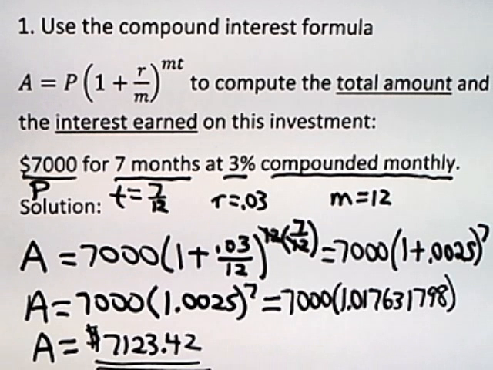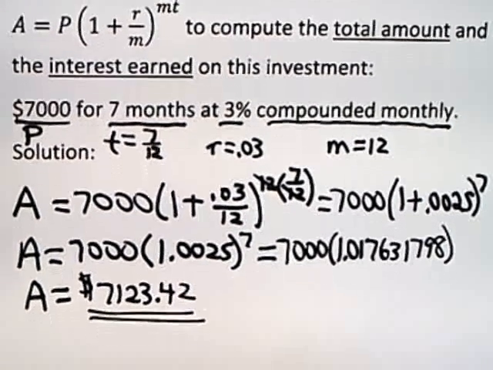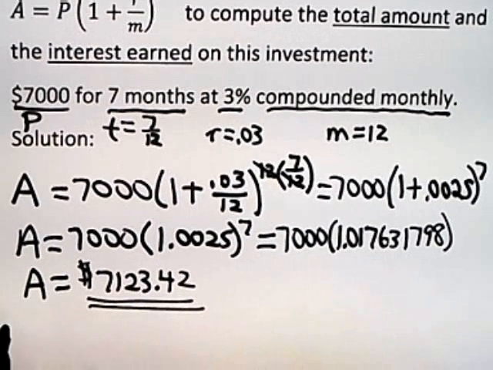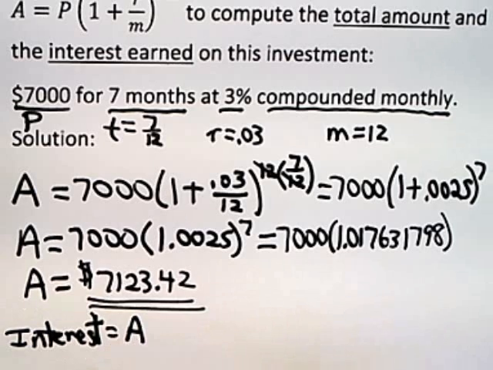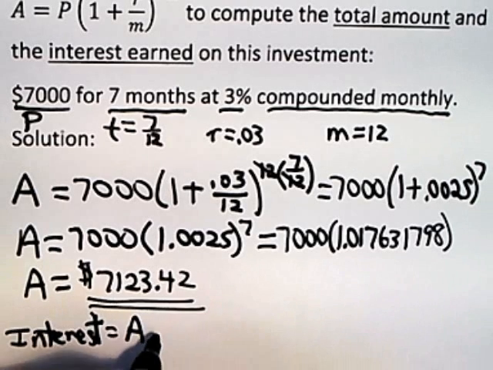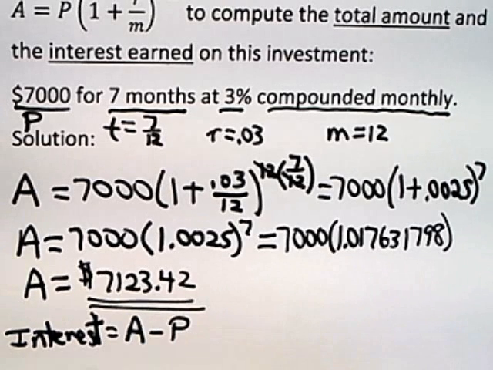But it also asks us for the amount of interest. Well, the interest earned is simply the difference between what's in the account at the end and what you started with. So the total amount of interest is simply the A value, that's the future value or the compound amount, minus what you started with, which is the principal.